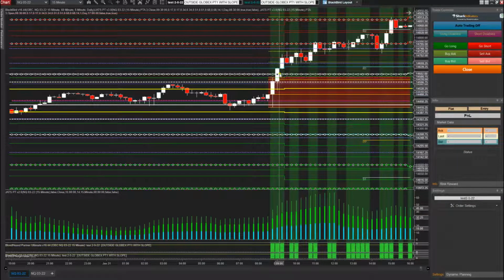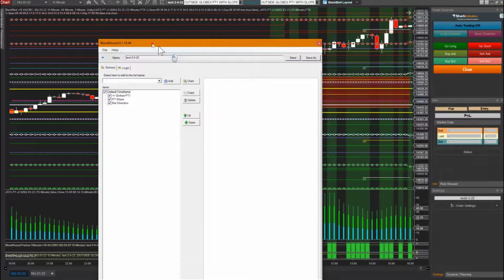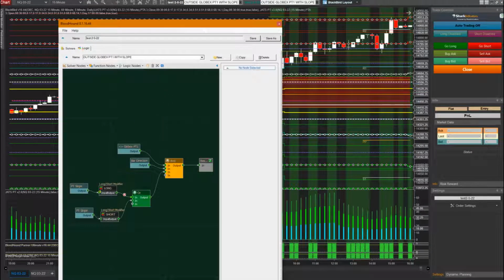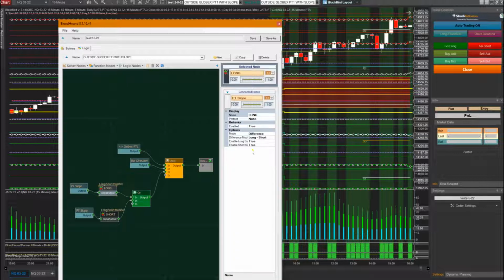And again, this strategy is just using the indicator when the slope is long for long trades. So the slope is long for longs, but if the slope is short, it's okay to get a short trade as long as that short trade is above the Globex PT1.